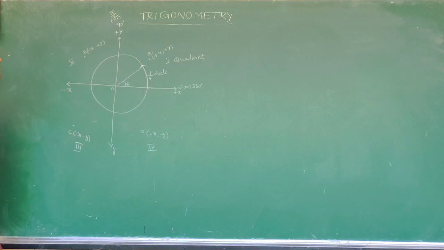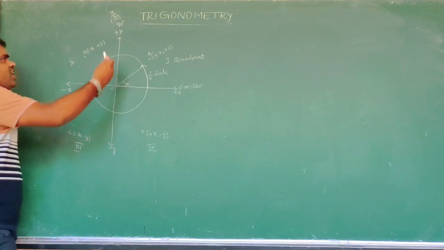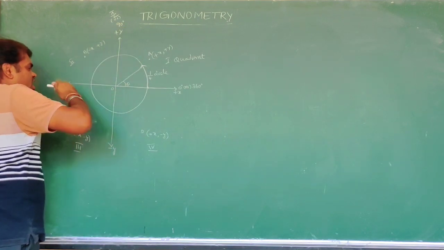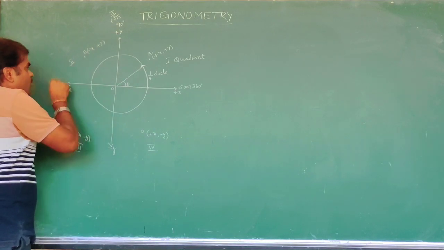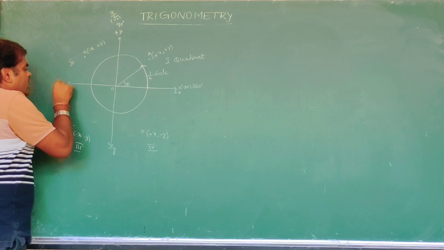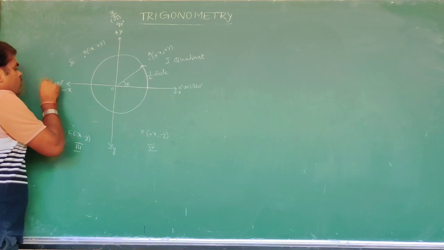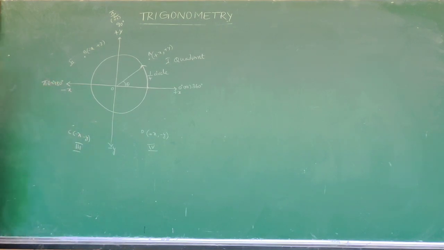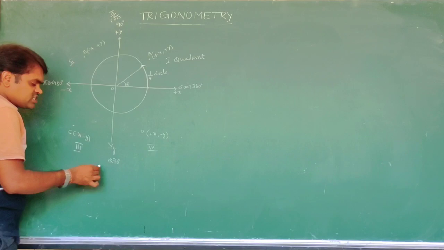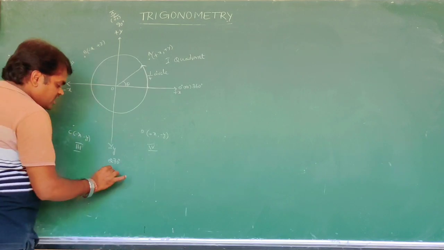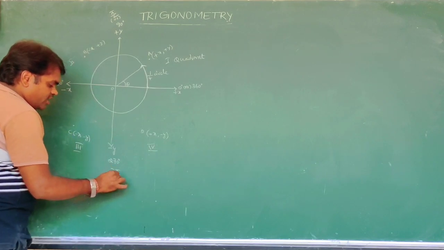Here the positive y-axis and negative x-axis are both perpendicular. This is 90 plus 90, 180 degree. That's why we simply denote this as pi radian. Now adding 90 degree we get 270 degree. 270 degree means 3 pi by 2 radian.